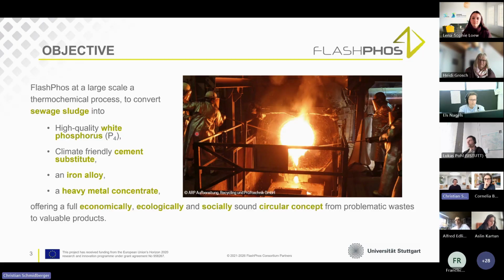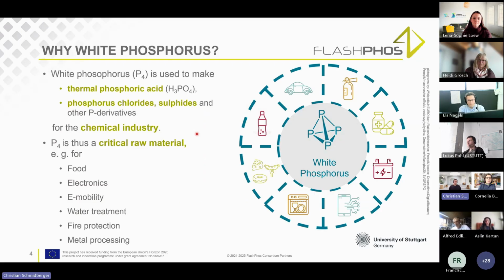And the goal is to do that in an economical, ecological, and circular way, to make products out of problematic wastes.